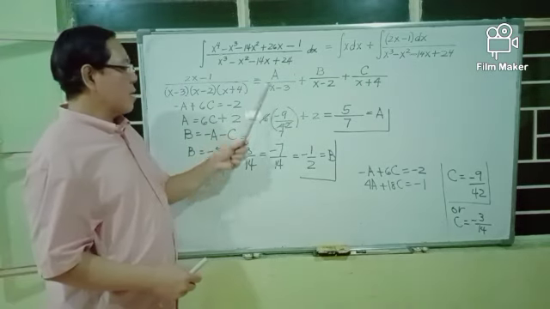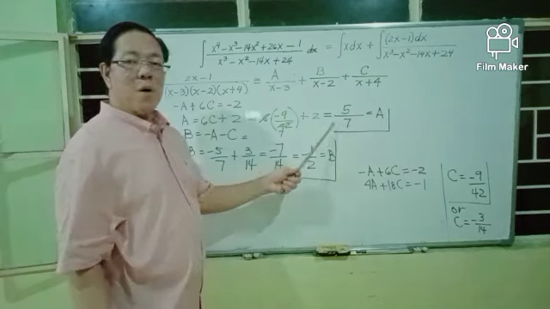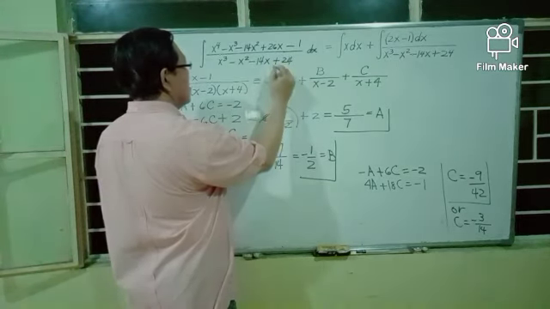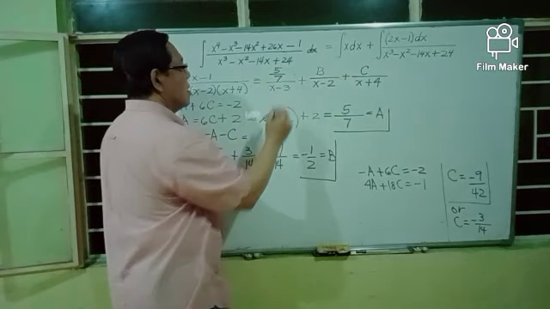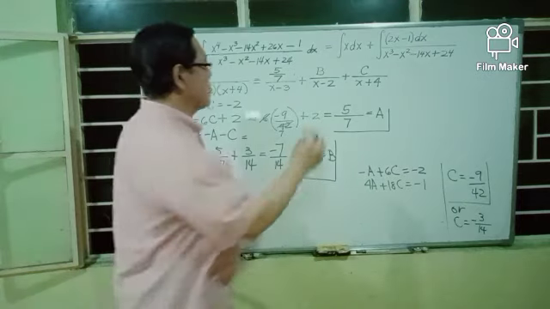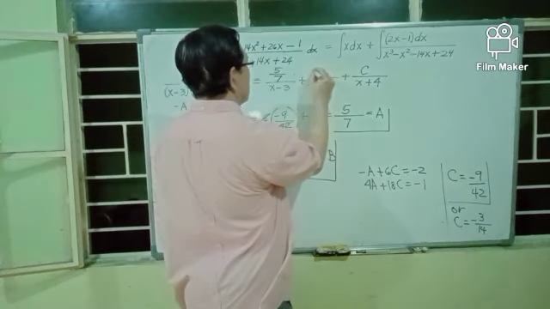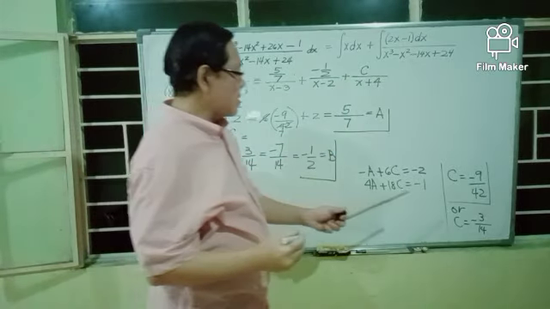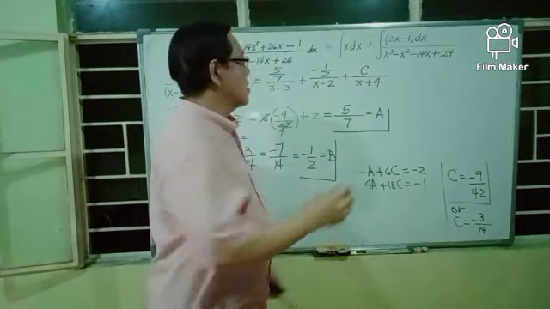We now replace A with 5 over 7, and we replace B with negative 1/2, and C is negative 3 over 14.